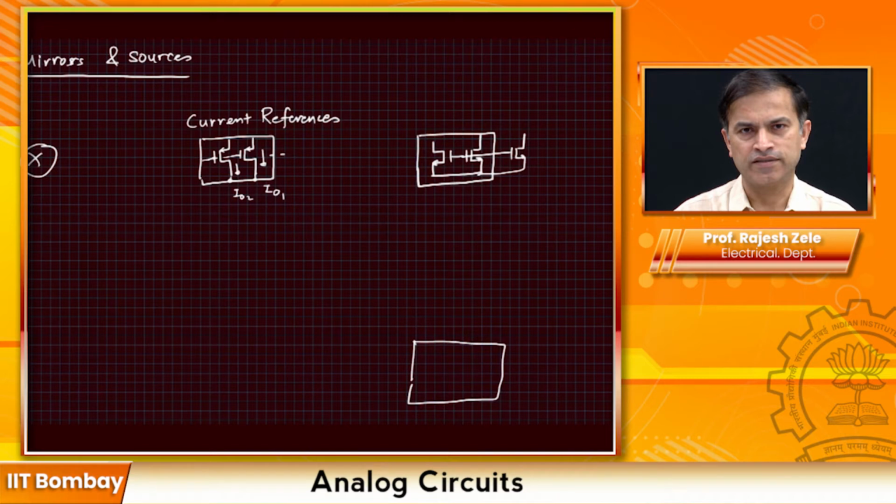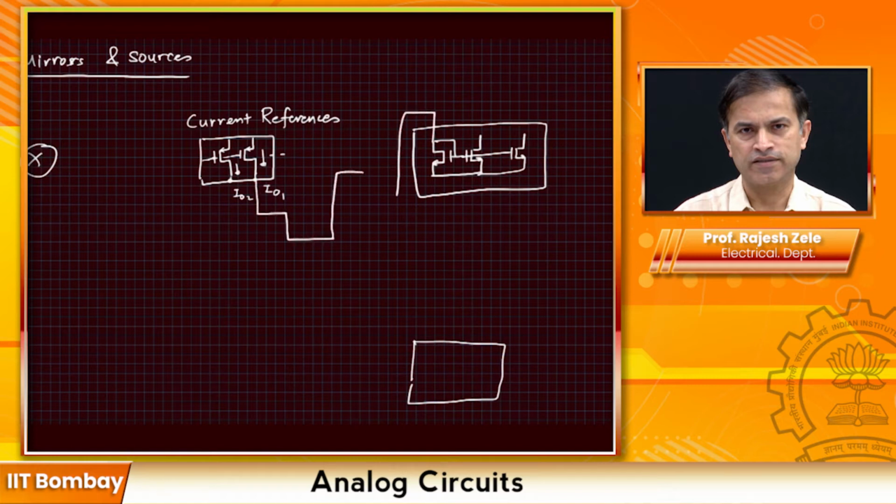In this particular current mirror, let me erase this block here, the transistors are next to each other, so we would get this current from the reference, and this routing could be very complex depending on the layout. It could have a lot of resistance, in the kilo-ohm range.